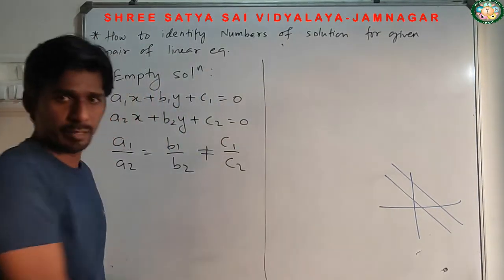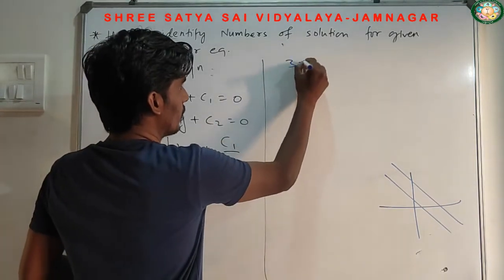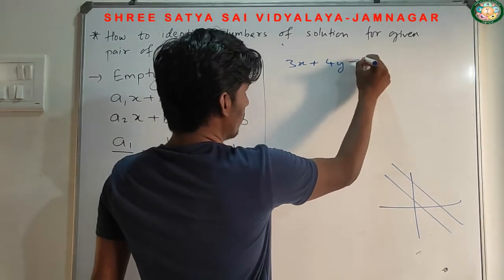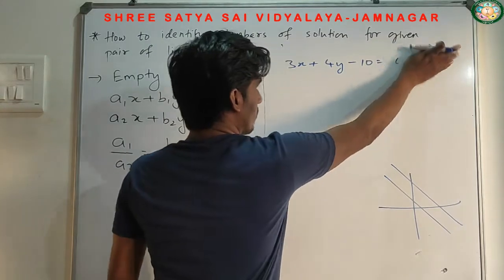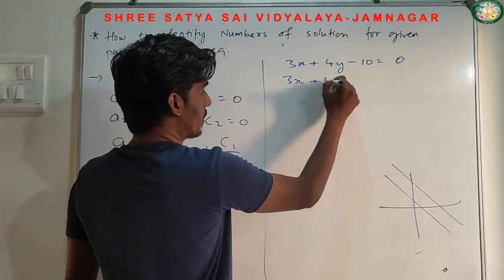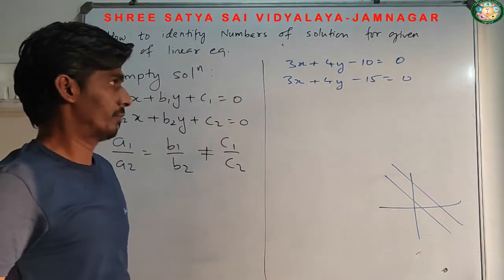Let's take one more example here. If I write 3x plus 4y minus 10 equals to 0, or 3x plus 4y minus 15 equals to 0.